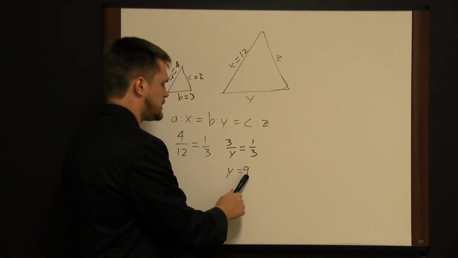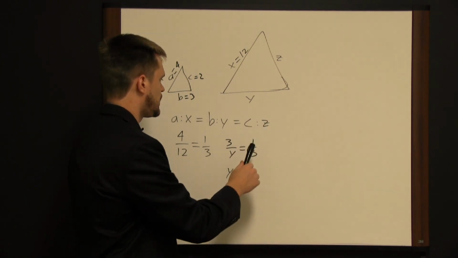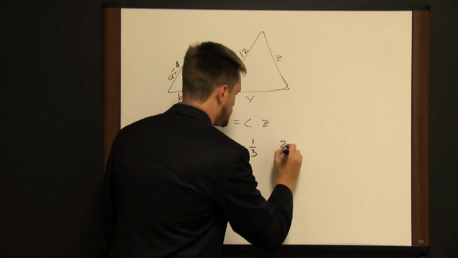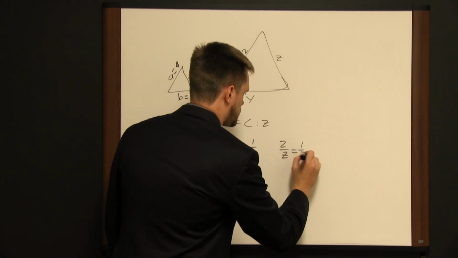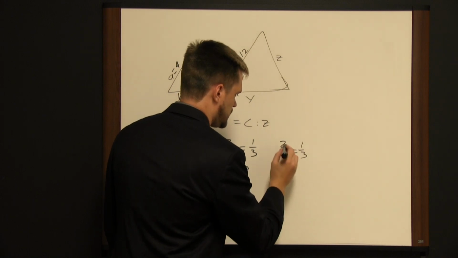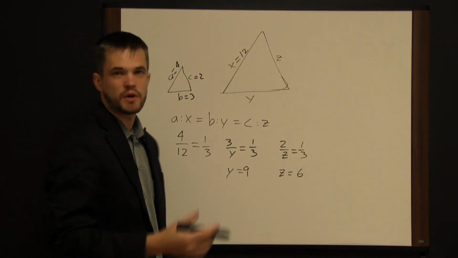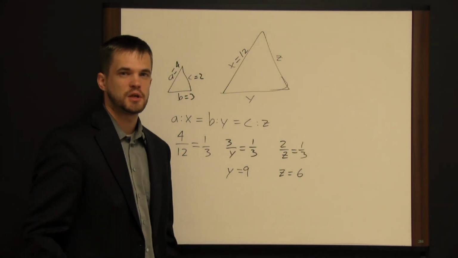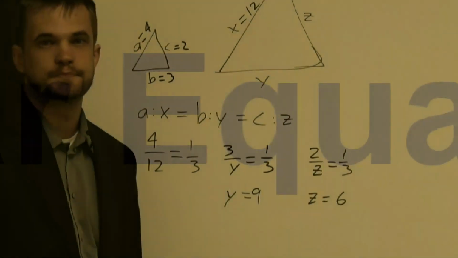So the value of y is 9. We can do the same thing now with c and z. We know the value of c is 2, so 2 over z is equal to 1 over 3. When we cross multiply, we get z equals 6. And so this is just one example of an application of equivalent ratios in geometry.